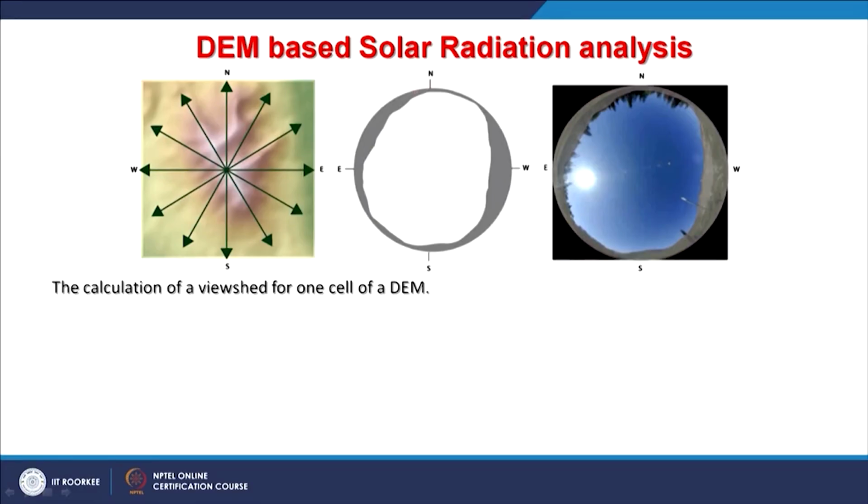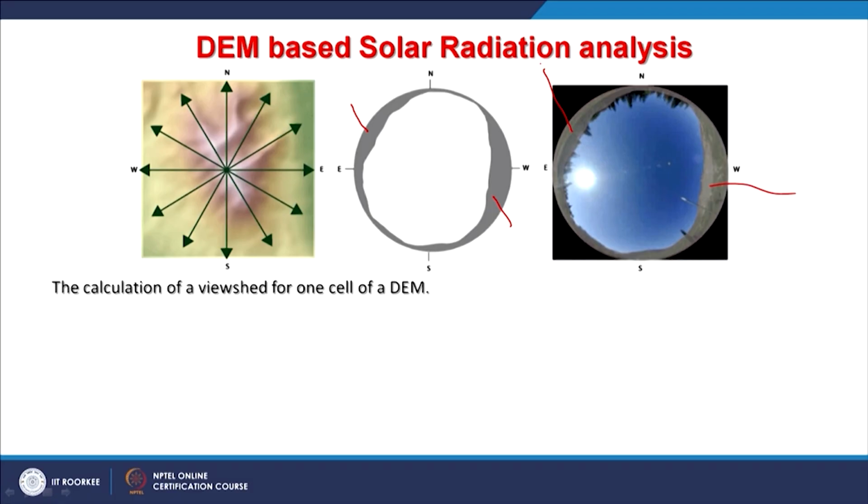That is why you are seeing that there are some shaded areas and some open areas. At that particular location this is the open area, and if we compare with the camera fisheye view, this is what we are seeing. These are the areas where hindrances, or ground features, are creating problems.